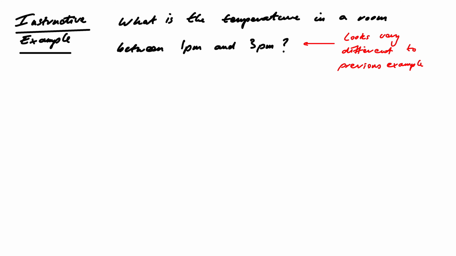So what's it got in common? Well, let's think about what's going on here. There are 2 quantities of importance in this question. One of them is time. The time between 1 p.m. and 3 p.m. Okay, that's a quantity in this. Then there's also the quantity of temperature, the actual temperature at any given moment in time.